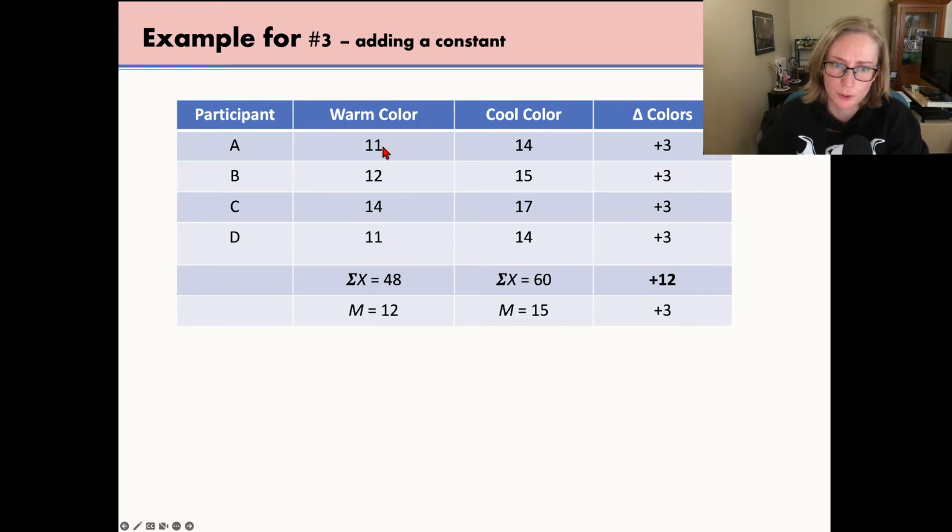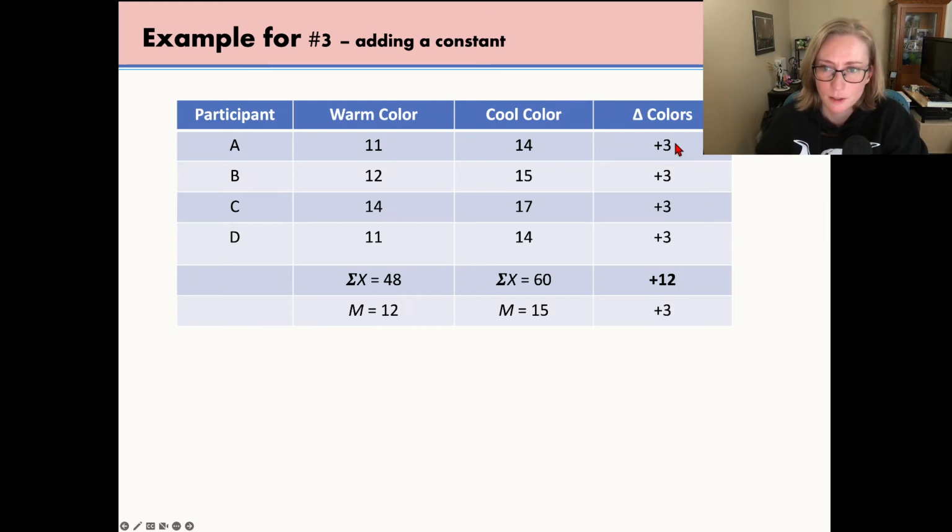So if we were to calculate our mean really quickly over here, the sum is 48 divided by 4, we get 12. Here, add them all together, we get 60, divided by 4, we get 15. Now we didn't have to actually, in this case, go and calculate everything because there was a constant of +3 for each of these in the cool color category.